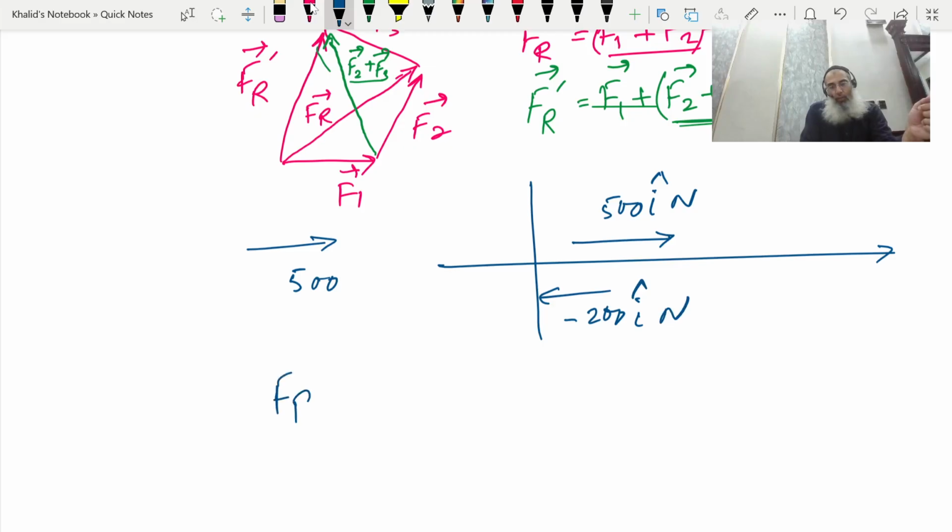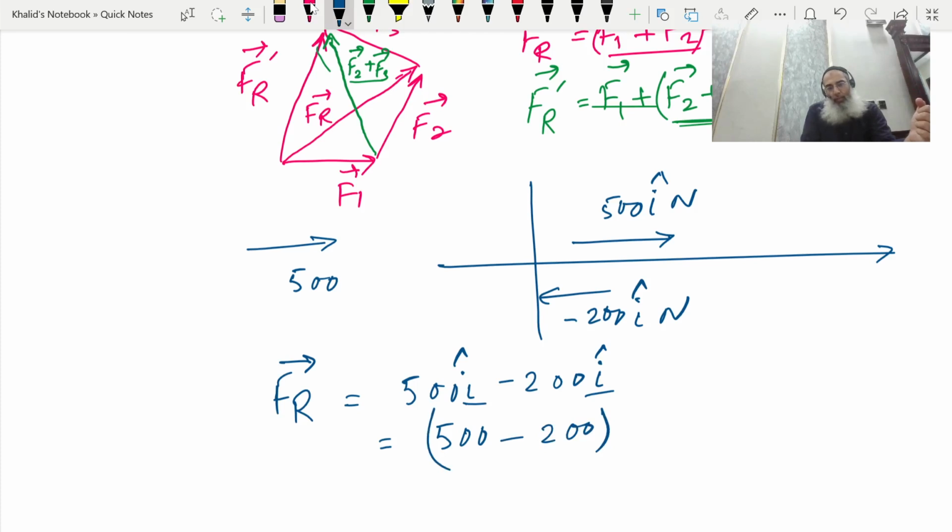So FR is equal to 500 i cap minus 200 i cap. Because I cap is common, it's a unit vector with magnitude 1, along the x-axis, I can draw it outside the bracket like this, because it's scalar multiplication.